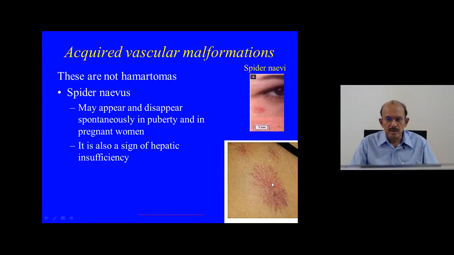You can see here there is a central dilated arteriole with peripheral radiating channels of blood vessels, dilated blood vessels. So this is called the spider nevus. Just like a cobweb.